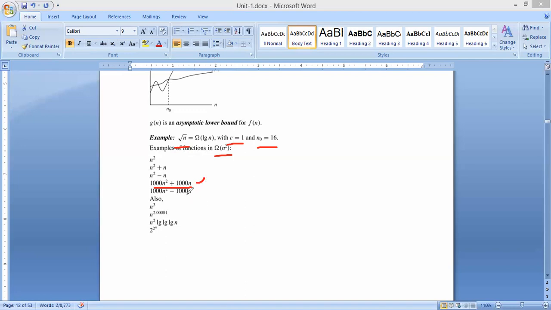Again for negative also, in the same way, if we calculate, let's suppose this is c n cube.